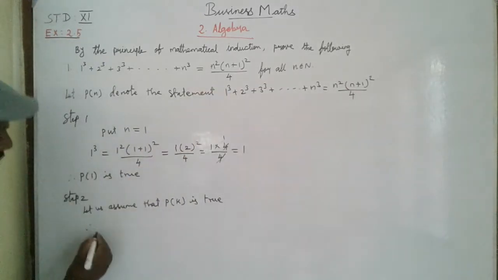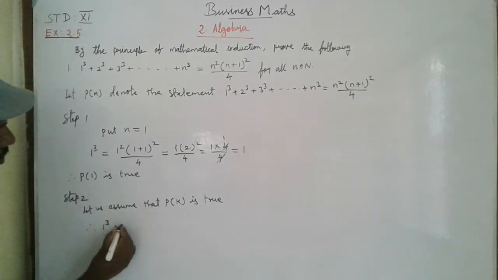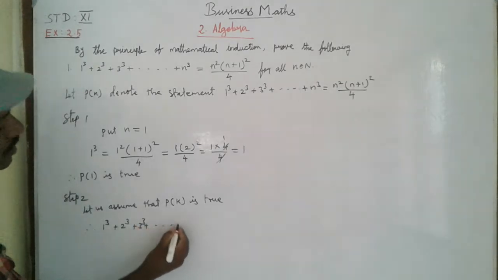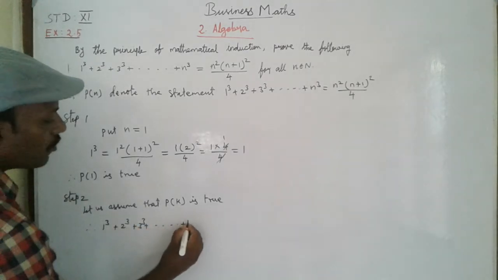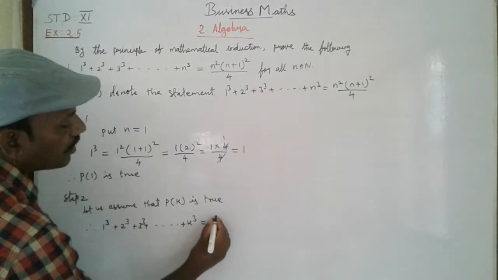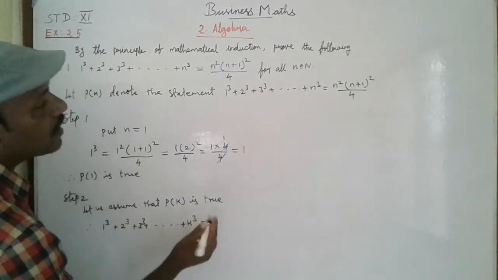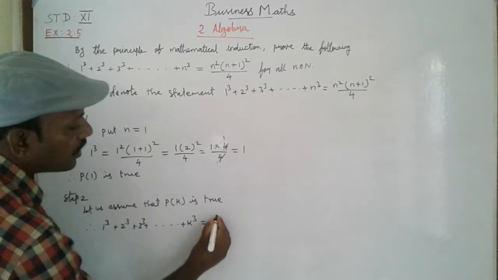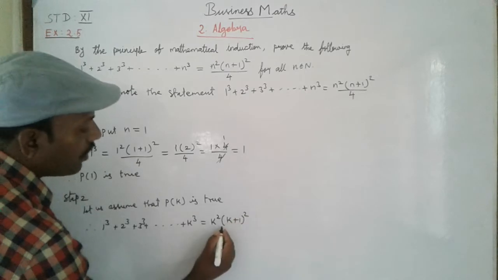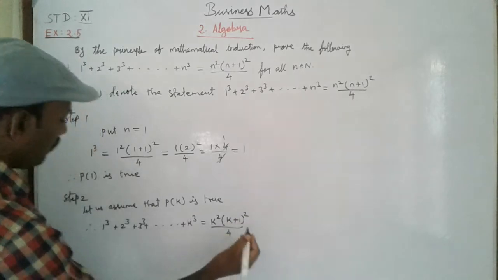We should write this: 1 cube plus 2 cube plus 3 cube plus etc plus k cube equals n square, sorry, n is k, so k square into (k plus 1) whole square divided by 4.